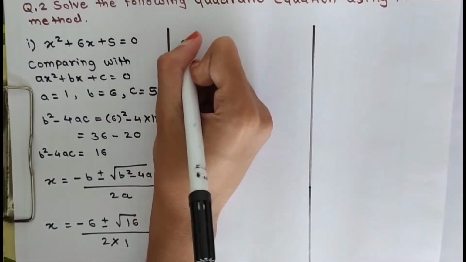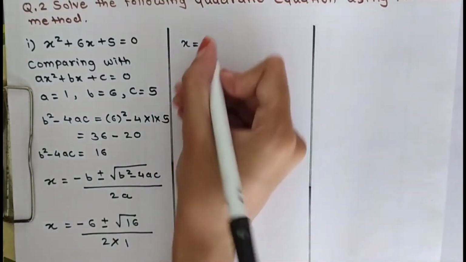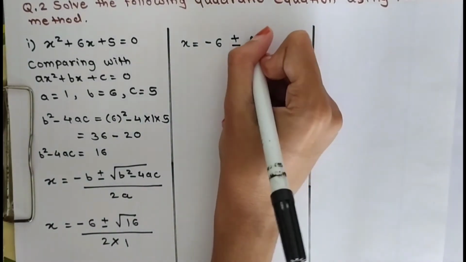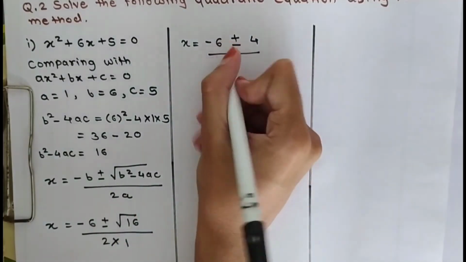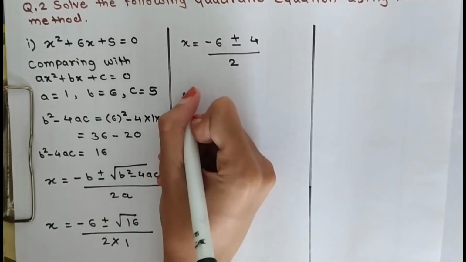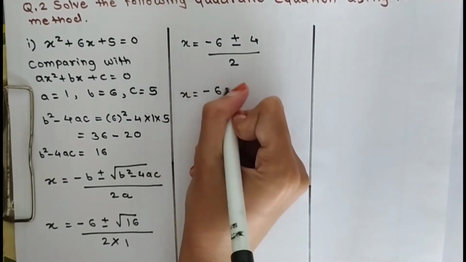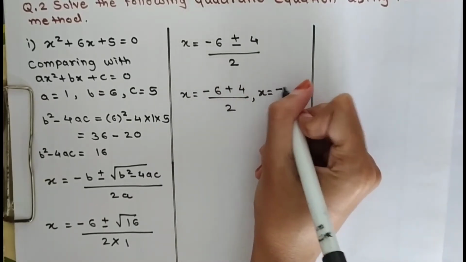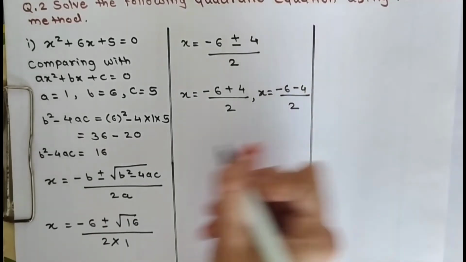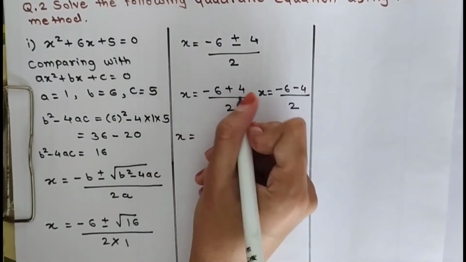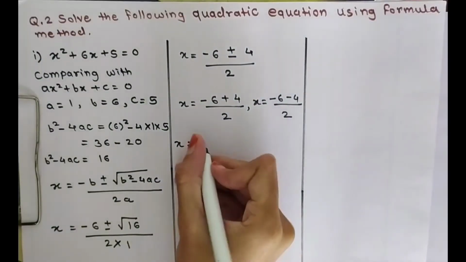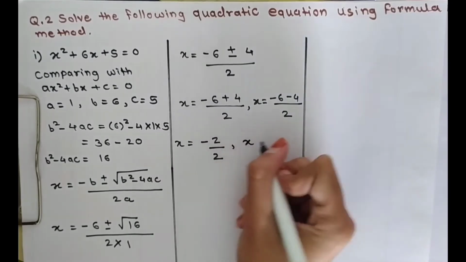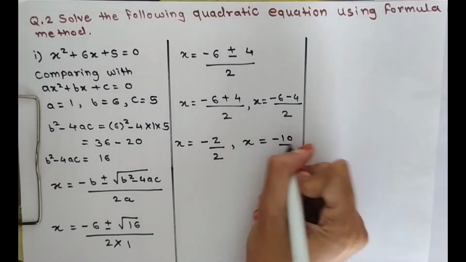So, x is equal to minus 6 plus or minus root 16 is 4 upon 2. So that we write x is equal to minus 6 plus 4 upon 2 and x is equal to minus 6 minus 4 upon 2. So here x is equal to minus 6 plus 4 is minus 2, minus 2 upon 2 and x is equal to minus 10 upon 2.